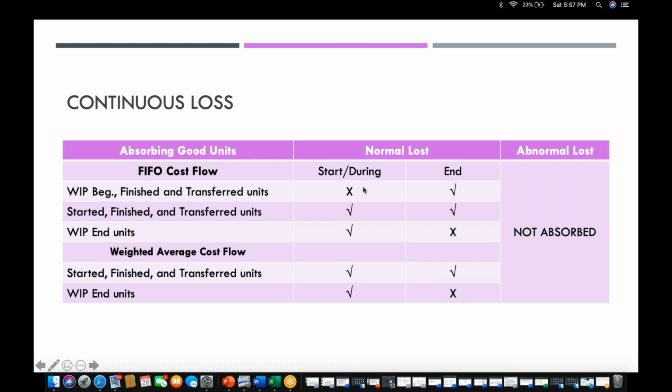It depends on where the inspection point is. So if the inspection point is start or during, under FIFO cost flow, the ones that will share the cost of normal loss are the started, finished, and transferred units and the work in process end.